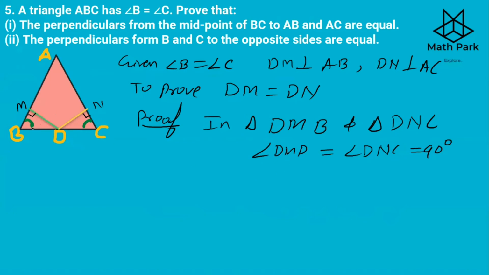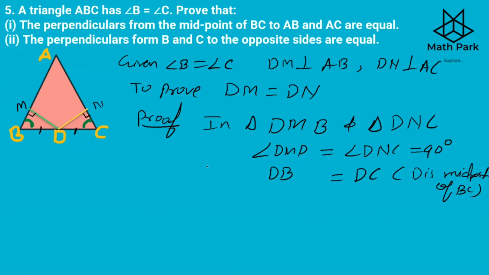The second thing, you have DB is equal to DC, because D is the midpoint of BC.